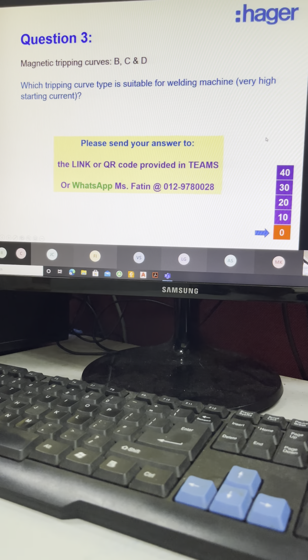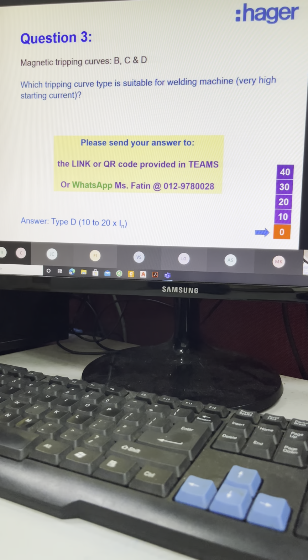Alright, time's up. So when talking about which one is the most suitable, it is of course type D. Okay, this is to avoid unnecessary nuisance tripping during operation. But sometimes people upgrade to higher ratings. Okay, that is the one I would like to address.